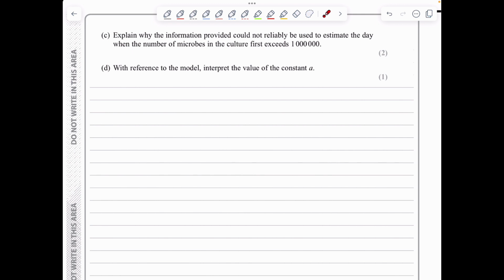In part C, we are asked to explain why the information provided could not reliably be used to estimate when the number of microbes will exceed 1,000,000. Well, let's start by observing that for n being greater than 1,000,000, log of n base 10 will be greater than 6.